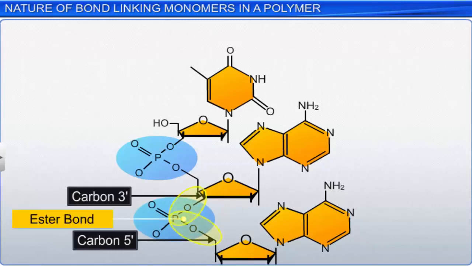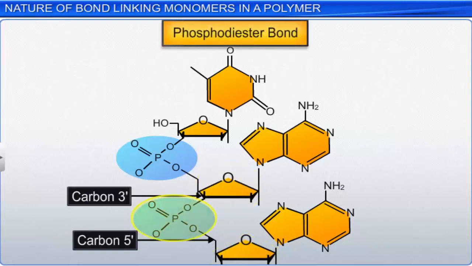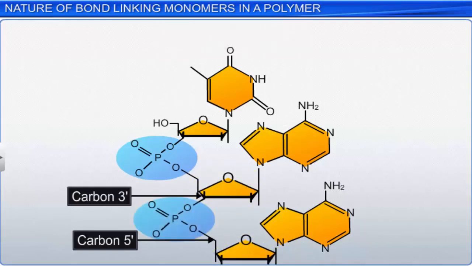The ester bonds formed by the phosphate group between the 3rd and 5th carbon atoms of adjacent pentose sugar rings are called phosphodiester bonds.